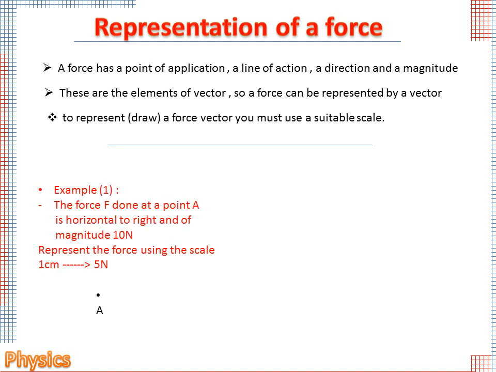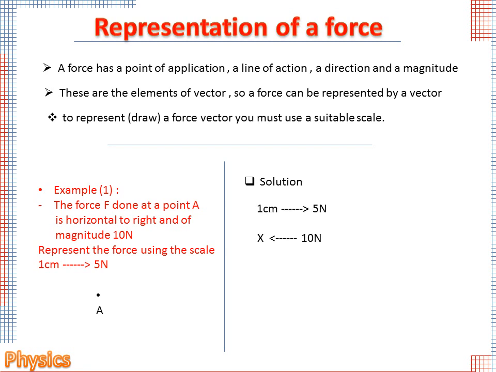Example number 1. The force F done at point A is horizontal to right and of magnitude 10 Newton. Represent the force using the scale 1 centimeter represents 5 Newton. First of all, we have to find the value in centimeter that represents the force. We can use the scale: 1 centimeter represents 5 Newton.